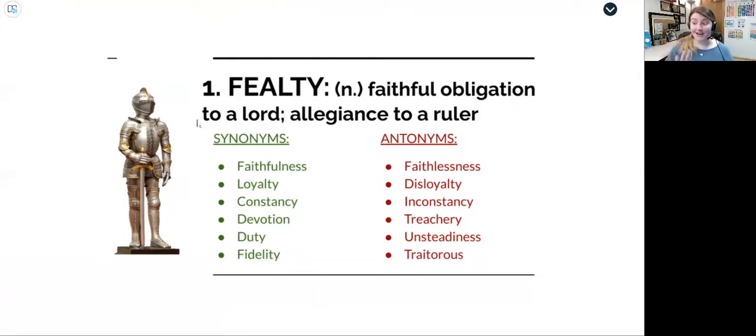Now, on the antonym side, our opposites, you could have faithlessness, disloyalty, inconstancy, treachery, unsteadiness, or traitorous. And then at this point, I usually throw it out to the students and I say, okay, is there any other words that you think would fit here? And we talk about what other words they think might fit on either the synonym or the antonym side.